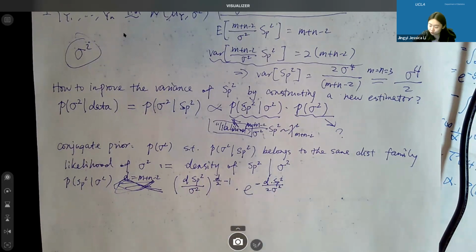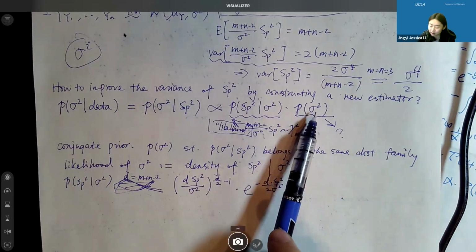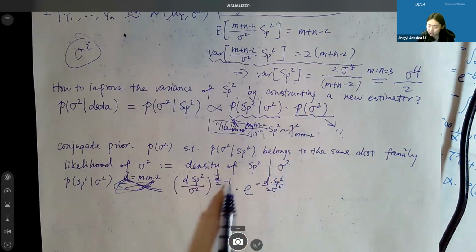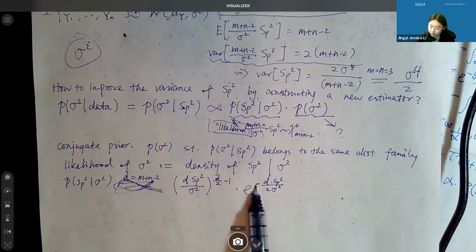So therefore, to find the prior of sigma square, we also need a term about sigma square to some power here, and we need an exponential term with sigma square in the denominator here. That's the prior we are looking for to satisfy the conjugate prior requirement. Fortunately, there is such a prior, and it's called the inverse chi-square.